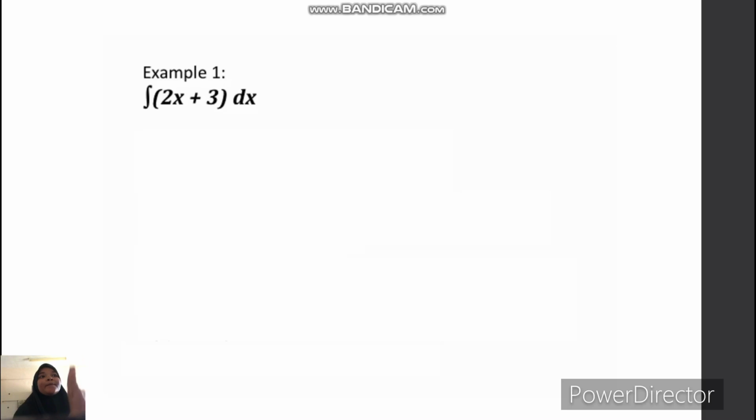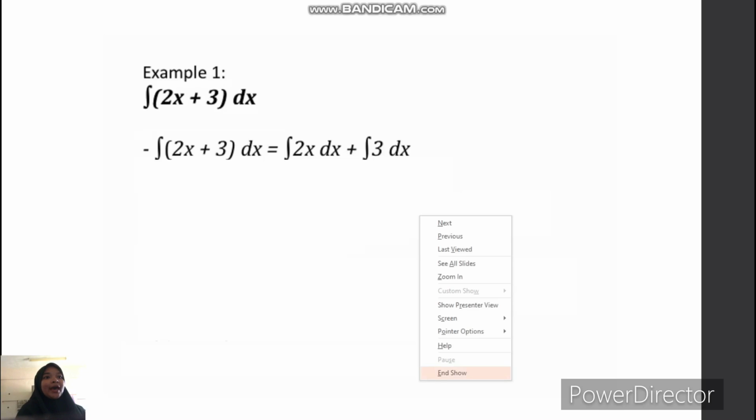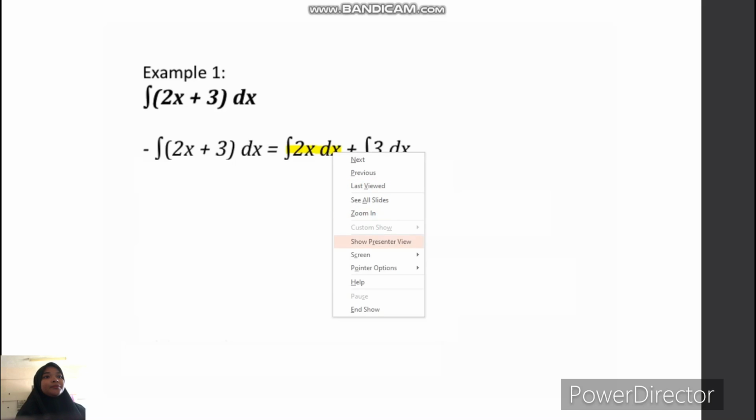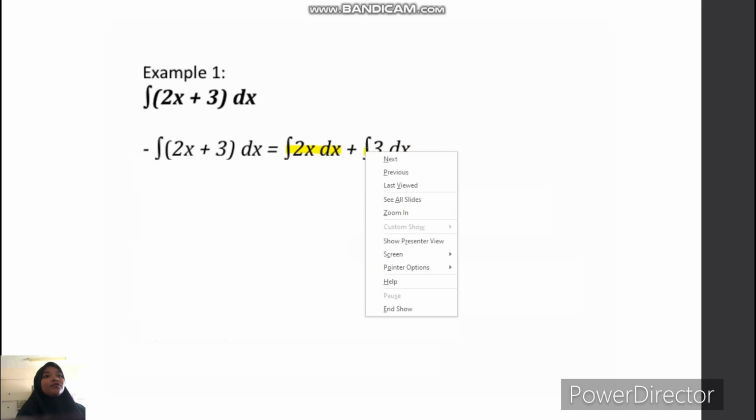Before we apply the power rule, we must make it into terms. So right now we will have two terms: for the first term we have 2x dx, and for the second term we will have 3 dx.